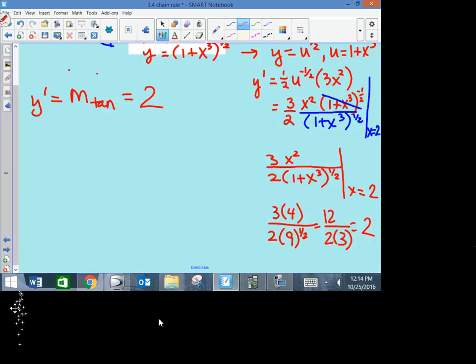You lost me when you moved it. No, I moved it because it's a negative 1/2, so I moved it down and made it a positive 1/2. Excellent. Yep. 1 plus x cubed is 8. 8 plus 1 is 9.